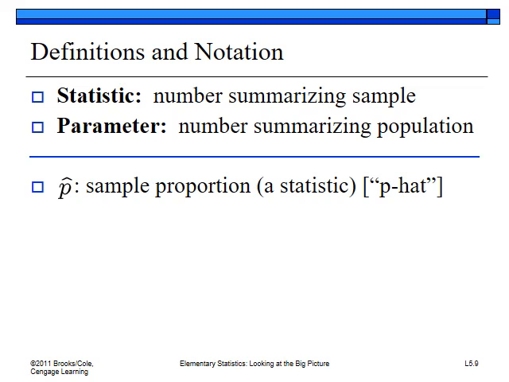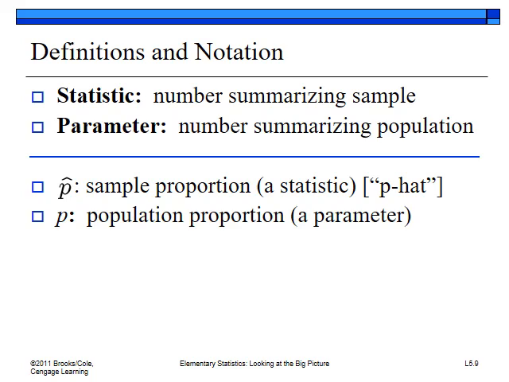For notation, we will use a p with a little hat on top of it, which we'll call p hat, to represent sample proportions, that is, statistics. This corresponding parameter will be noted with just a p.